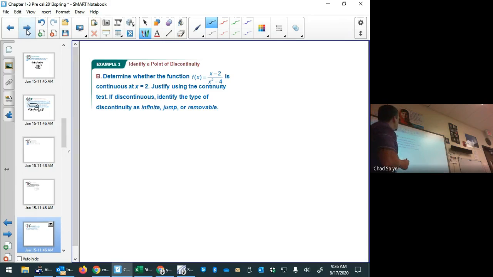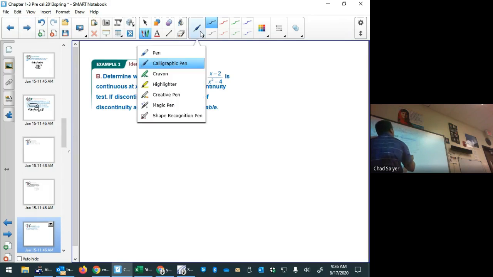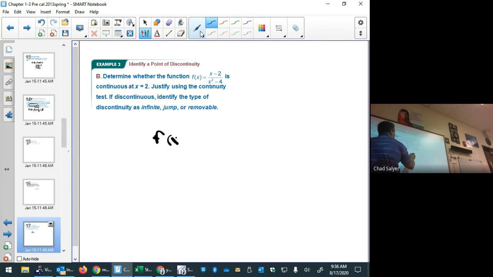So what about this function? f of x equals x minus 2 over x squared minus 4. X squared is going to behave in such a way as to make this a little difficult to understand just by glancing at it. But anywhere that the denominator is 0 is going to cause us a problem. They want us to test x equals positive 2.